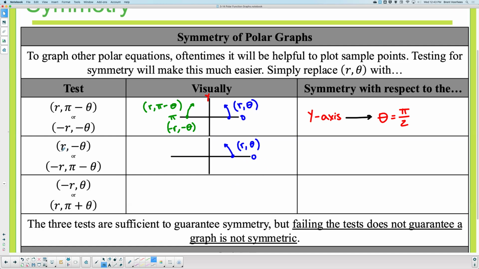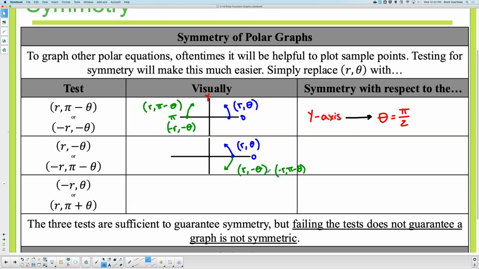Now this says you still have the same r value, which means the same distance away from the pole, but you move with the clock. So instead of starting there and moving that way, go this direction. This is when you have r comma negative theta, or, since I'm running out of space, it's the same thing: negative r comma pi minus theta.